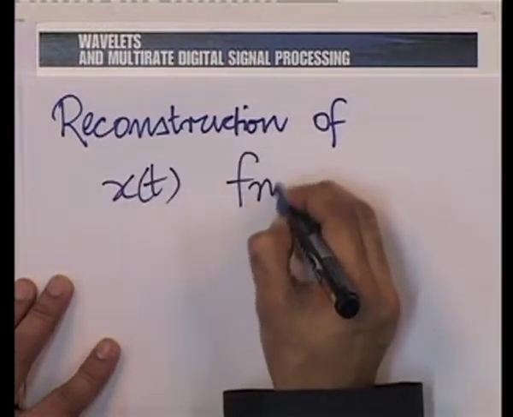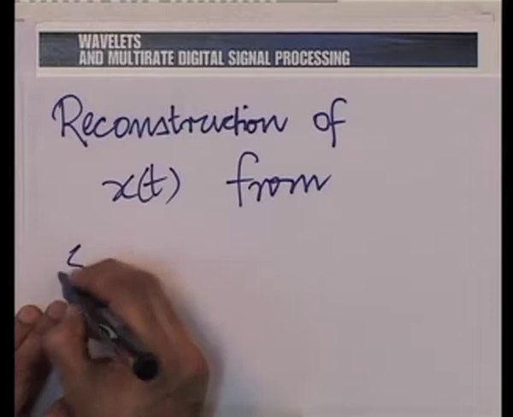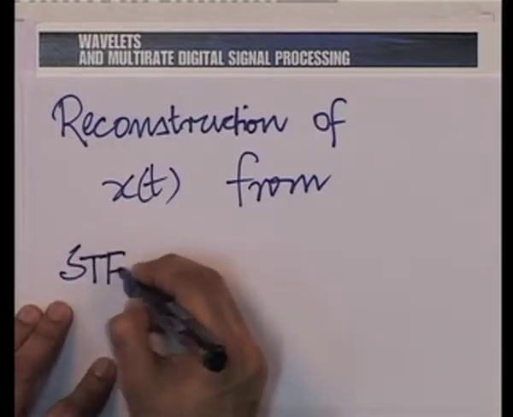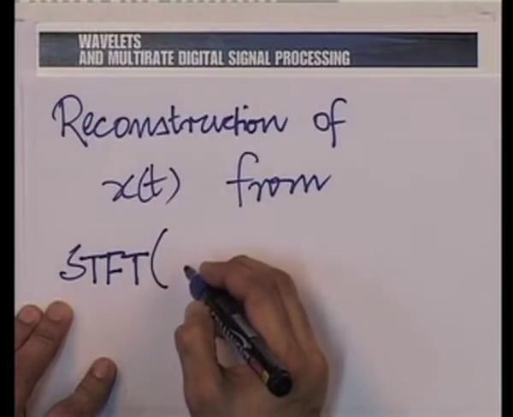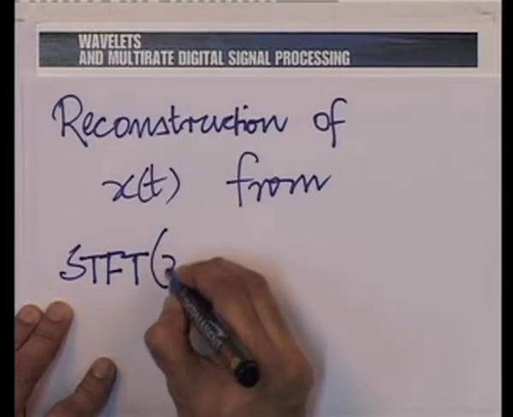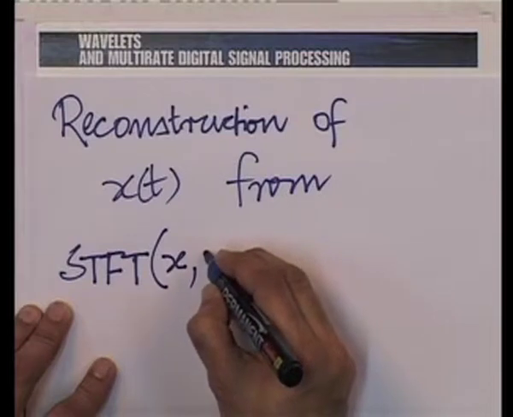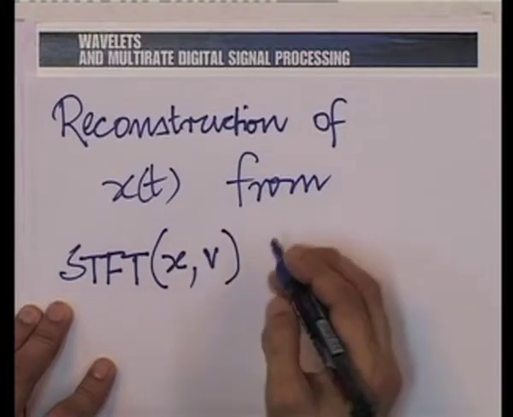So, let us recall the notation that we had used for the short time Fourier transform. The short time Fourier transform of the function x with respect to the window v.